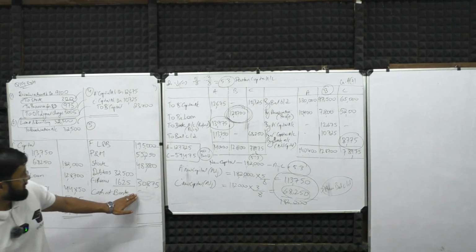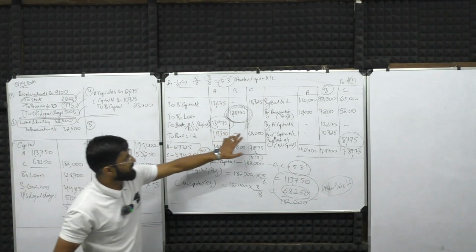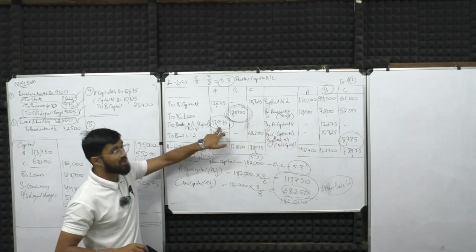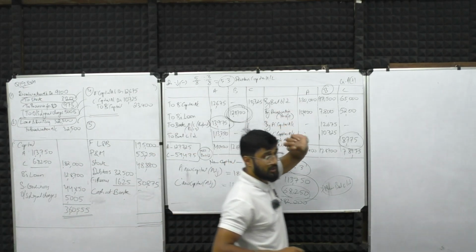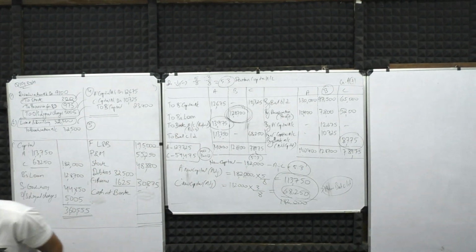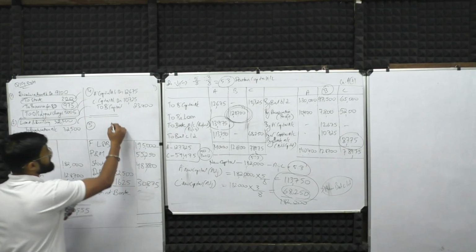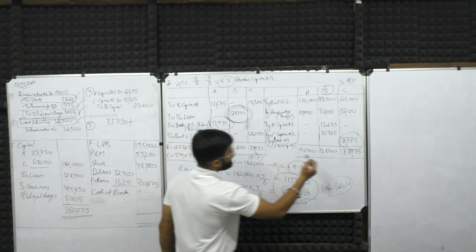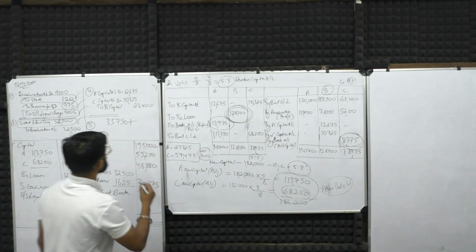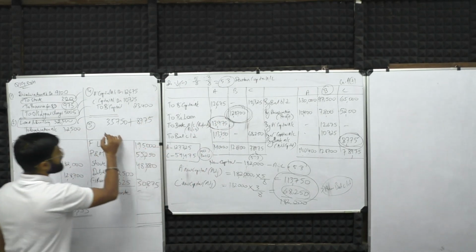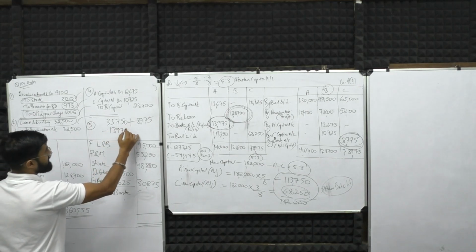Cash account 8775, check. 13,750. Conceptually, bank balance zero, partner 8775, so partner minus 13975.